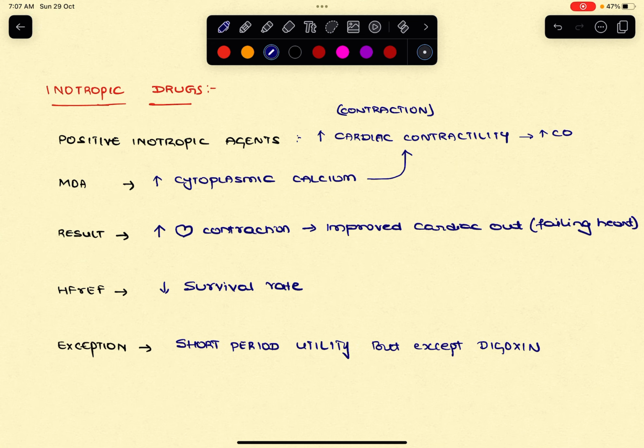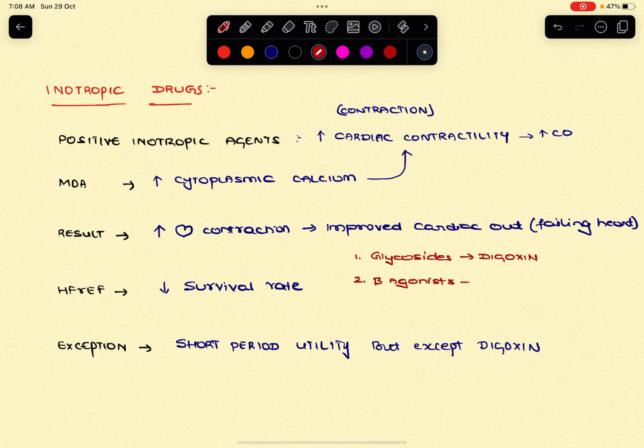So what are all the inotropic drugs you should remember? First one is the cardiac glycosides. Under this you have got digoxin. Second one is the beta adrenergic agonists.